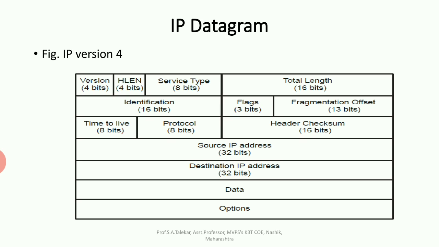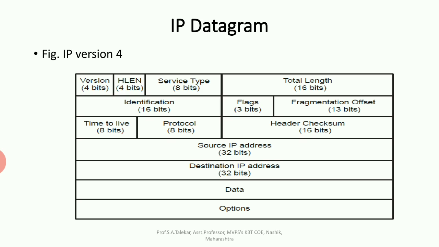Now the fragment identifier identifies the fragment of an IP packet. Then flags, it is 3 bits and there are 2 fragmentation flags. DF, when set, indicates that the payload cannot be fragmented. So DF is nothing but don't fragment.